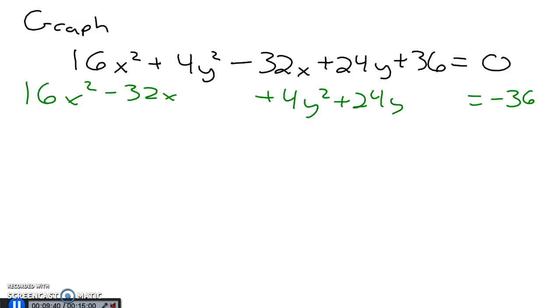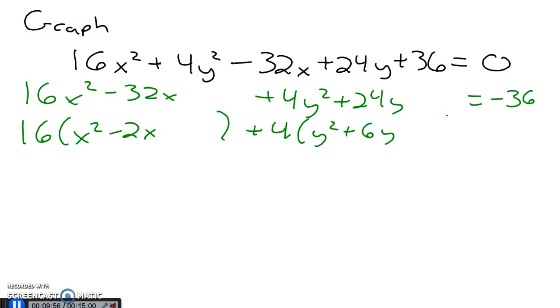We're going to factor out this leading coefficient of 16. Get the 16, that's x squared minus 2x. We're going to leave the space there. And here is 4y squared plus 6y.